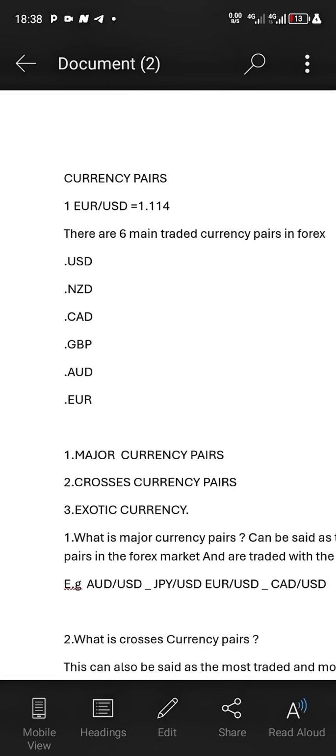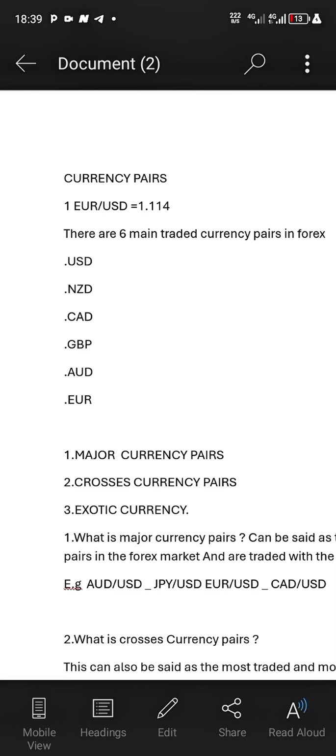This is how I indicated it: €1 for the United States dollar. If you are going for a buy trade, that means this one, the €1, if the price goes up, the United States dollar comes down. You are using the €1 to get the $1.14.